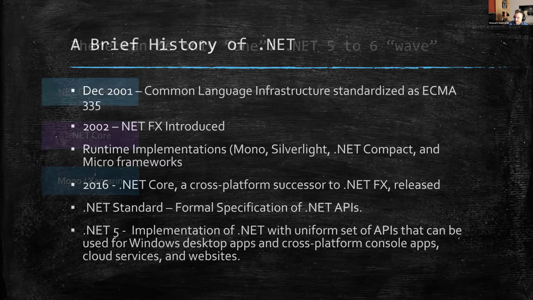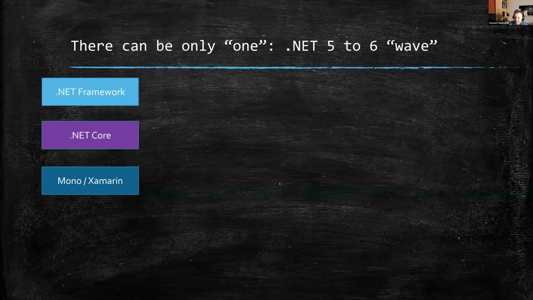And then we had .NET 5, which was like .NET Standard, in the sense that it was also trying to achieve greater uniformity, but it went about it in a different way. We'll go over that in a minute. So there can only be one .NET.